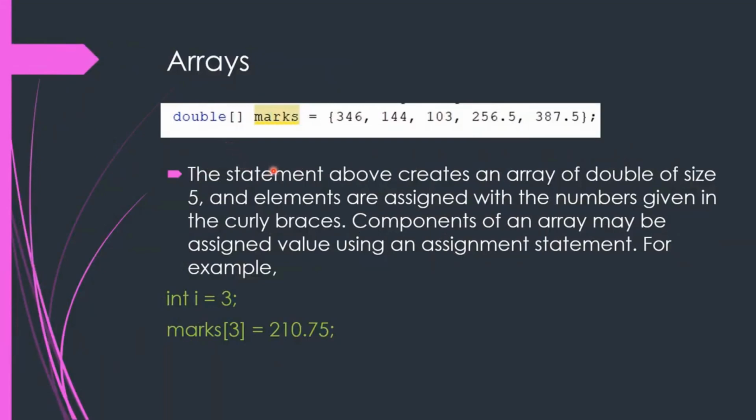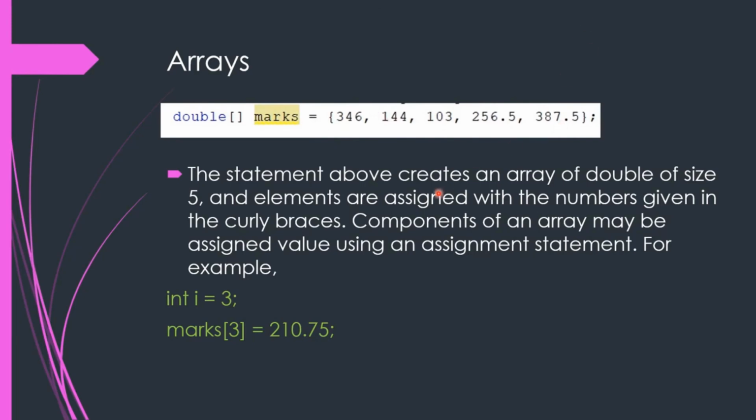Now, the statement above creates an array of double of size 5 and elements are assigned with the numbers given in the curly braces. Components of an array may be assigned value using an assignment statement. Means in this statement which we have just written in the coding, we are assigning the values ourselves. We have given these 5 values from our side and these values will be assigned to the elements.